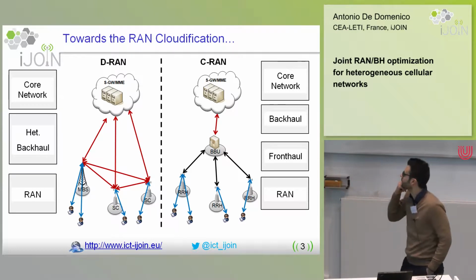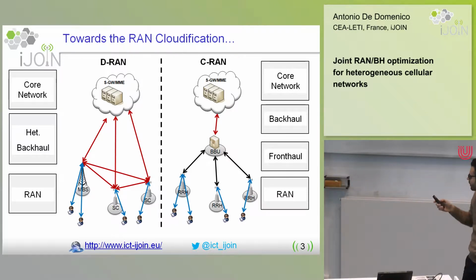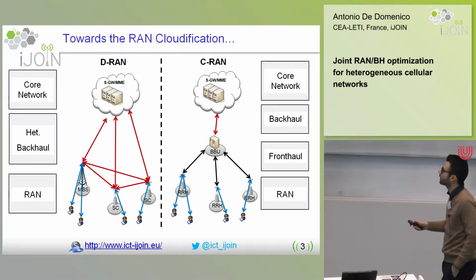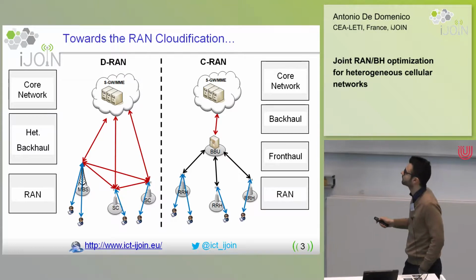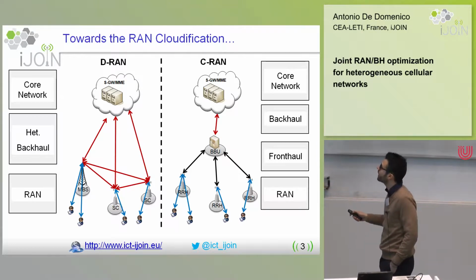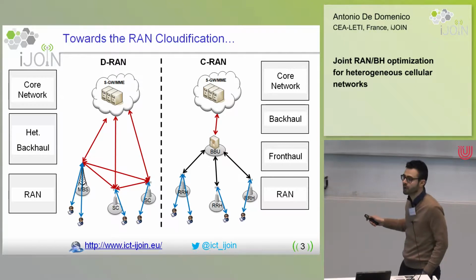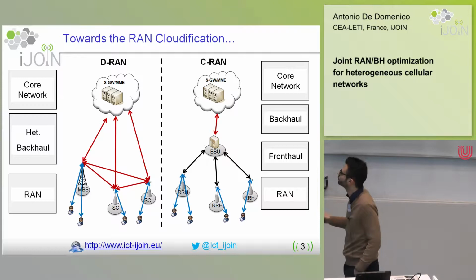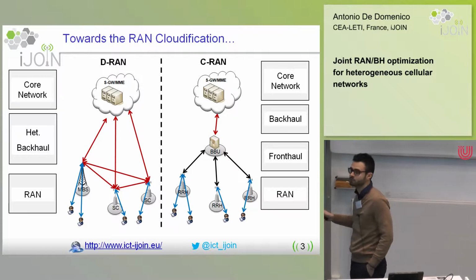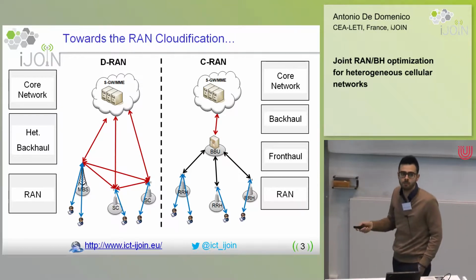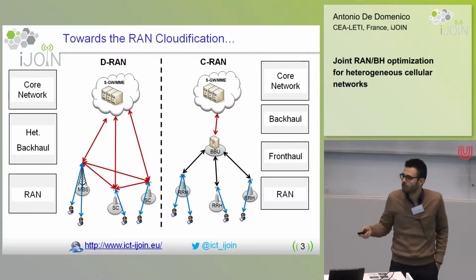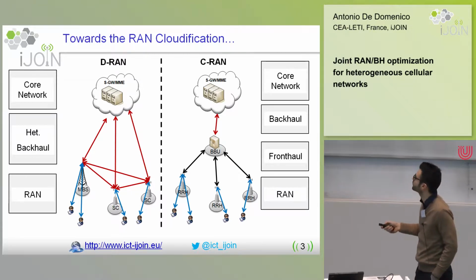So first of all, to start, maybe I can recall the two architectures that are used now in the cellular network. On the left, you have this classic distributed RAN, where standard eNodeBs provide radio access to the end user, and these are connected to the core network through a heterogeneous backhaul solution that is also used to permit eNodeBs to communicate with each other and have some coordinated mobility or intercell interference coordination.